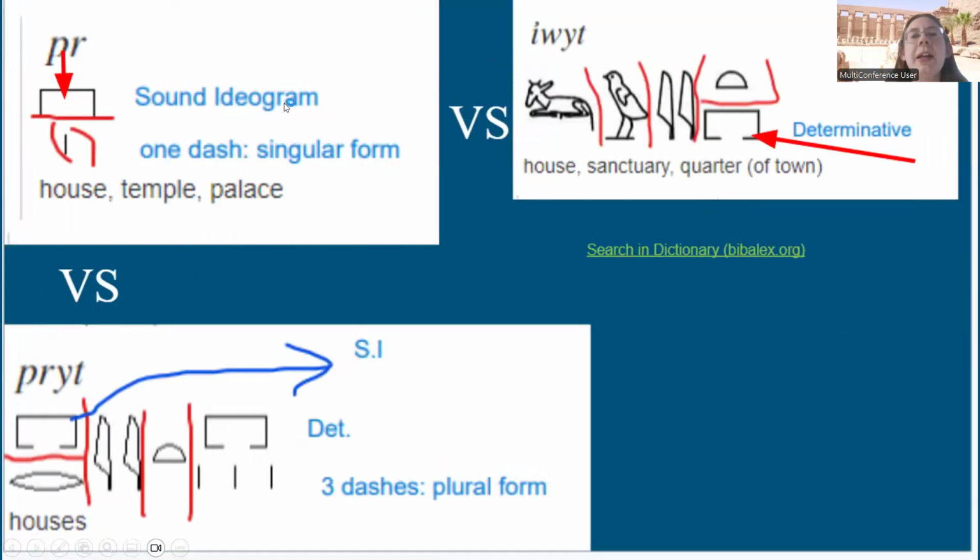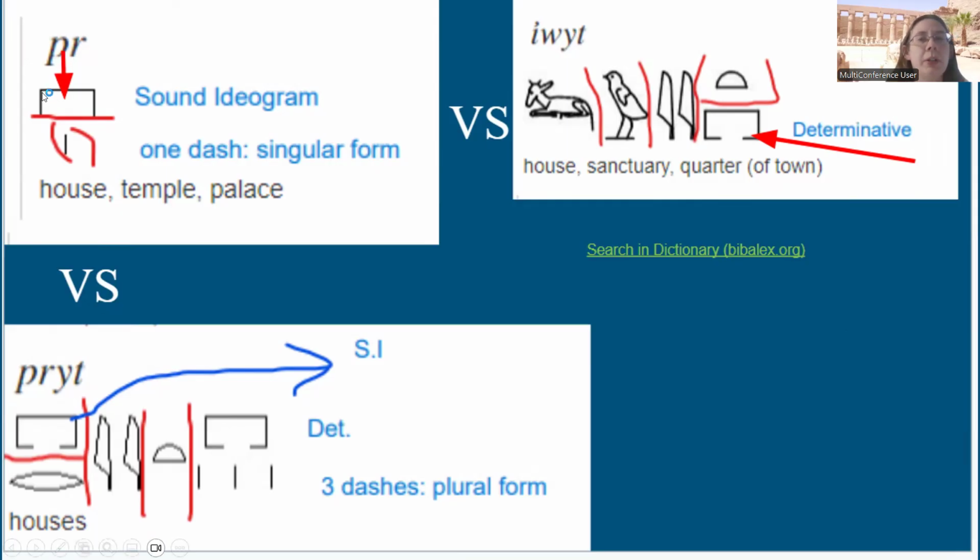All right. And then we have per, which is another one of those that can mean many things depending on the context of what you're looking at. So per can function as a bilateral sound ideogram, meaning the noun for a house or a temple or a palace.